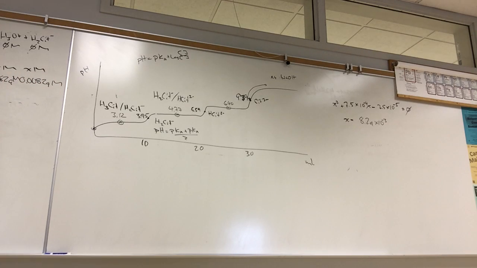This is going to be 0.100 minus 0.00829, which is 0.09171 molar. So you should double check this to make sure that those multiply out to K, right?